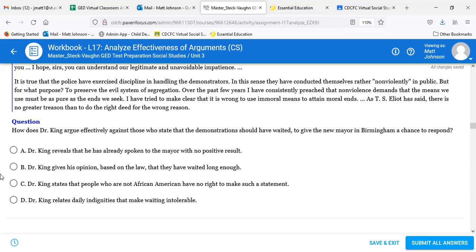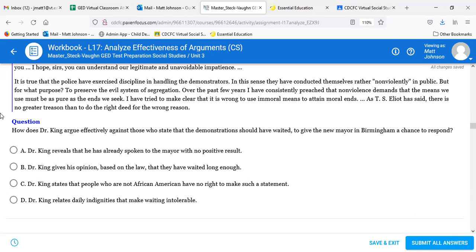It says, how does Dr. King argue effectively against those who state that the demonstrations should have waited to give the new mayor in Birmingham a chance to respond? A, Dr. King reveals that he has already spoken to the mayor with no positive result. B, Dr. King gives his opinion based on the law that they have waited long enough.